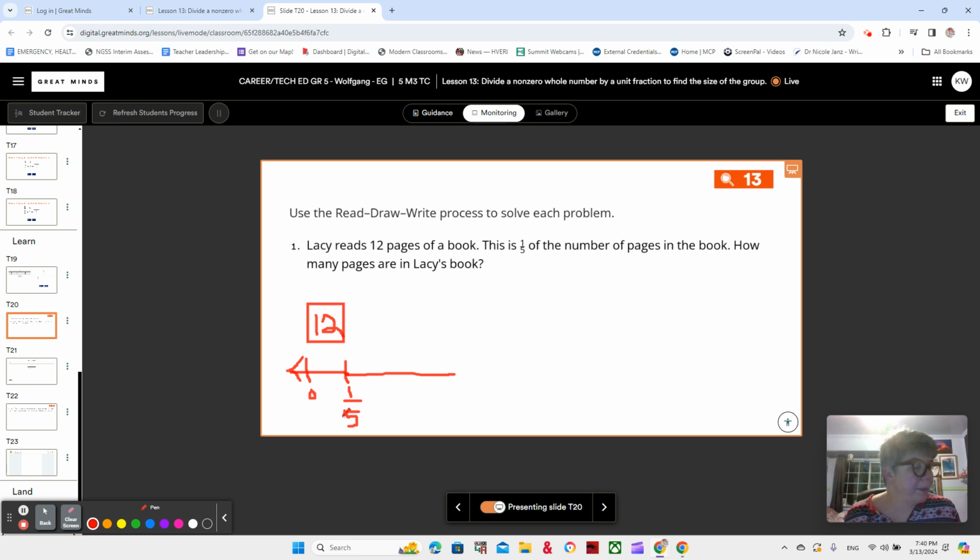Yeah, so if 12 is 1/5 of the book, well then let's draw the rest of the book. Okay, we know that we like to draw all of our fifths when we have a fractional part like this. So there's our 2/5 and our 3/5, 4/5, and 5/5, or 1 whole.